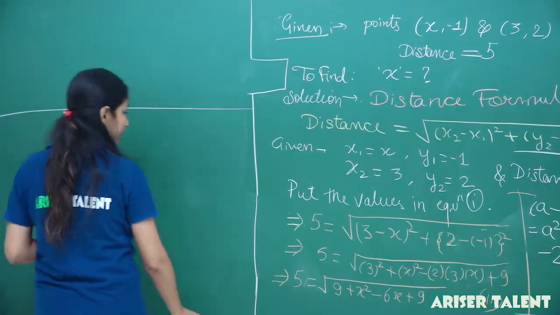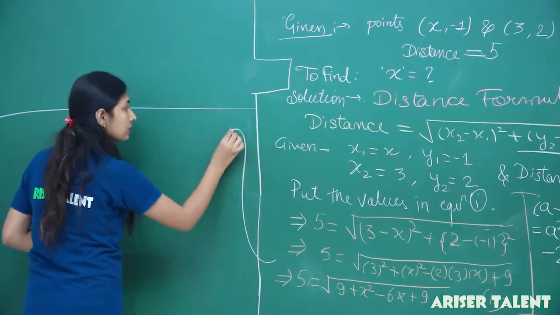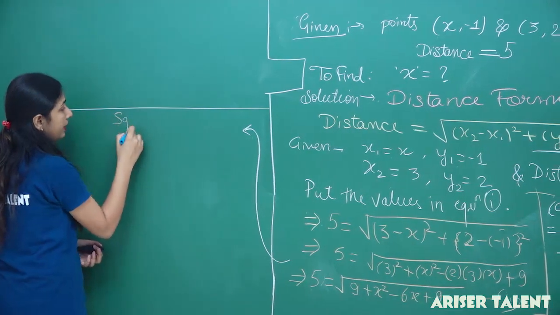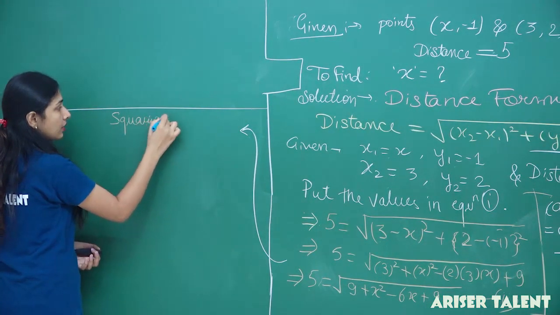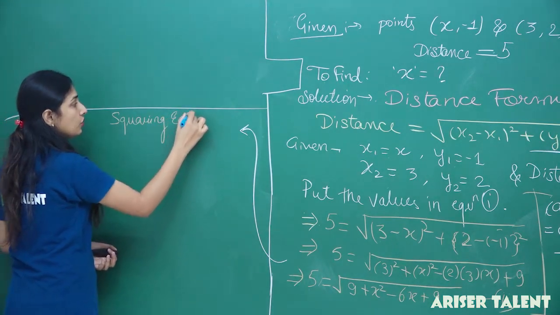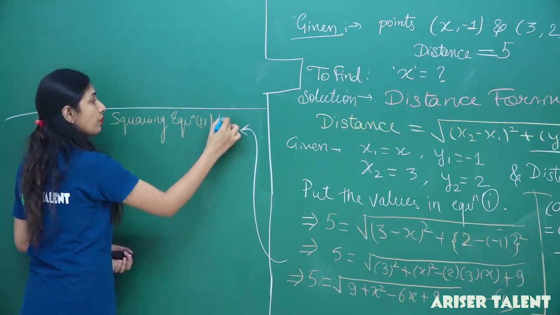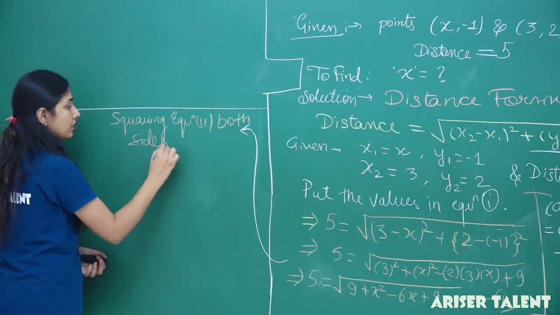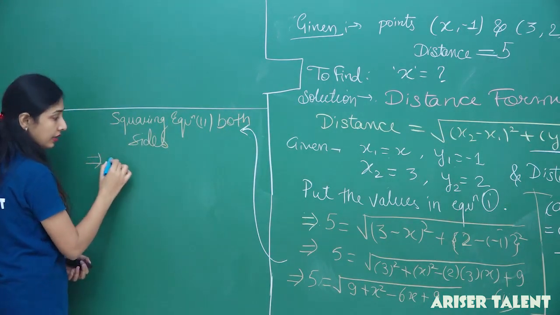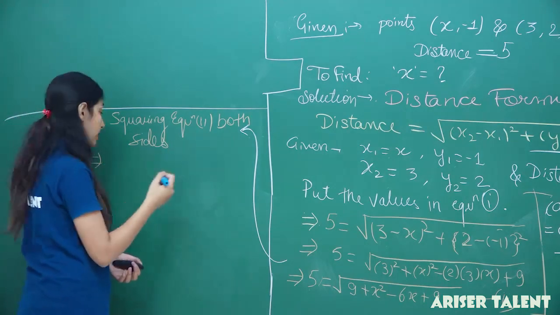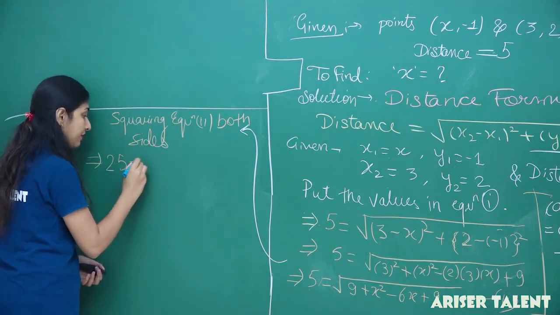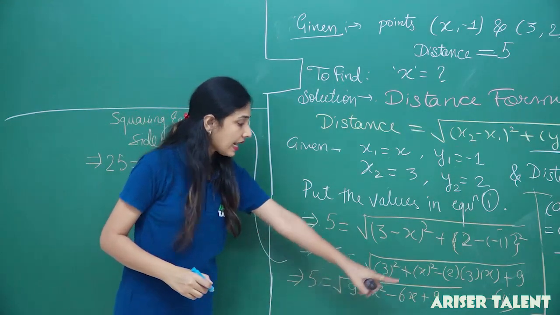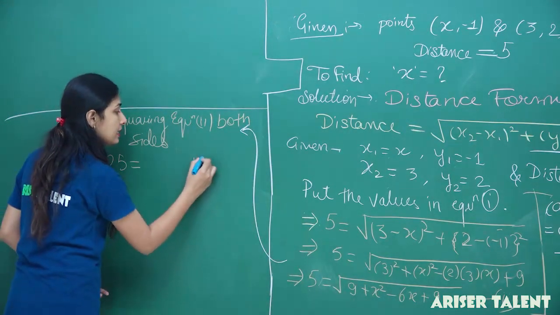So, by that property of equation, what I can do is square equation 2 on both sides. So what will that be? 5 square is 25. 25 equals, that square root will eliminate. So 9 plus 9 is equal to 18. 18 here.